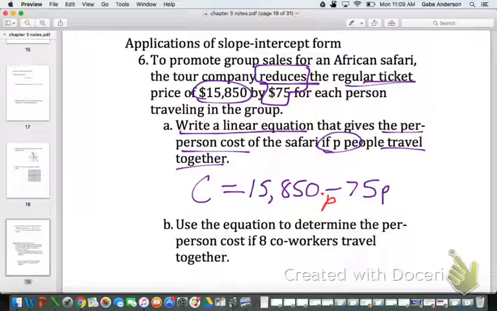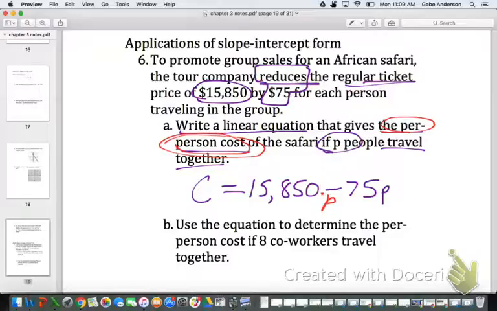So let's boil this down to what the correct answer is. Our original answer in purple, as proposed by Evan, is totally correct. Let's talk about why the P does not belong times the 15,850. What this asks us to do is write a linear equation for the per person cost. So what's the original price per person? 15,850.